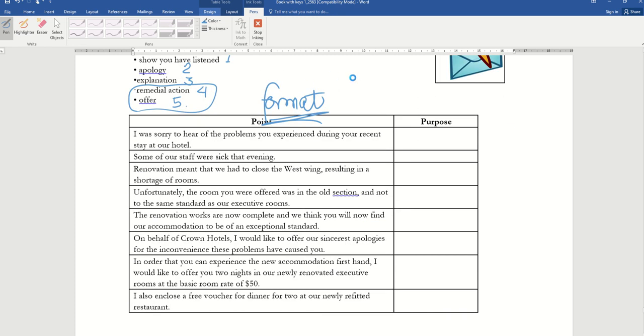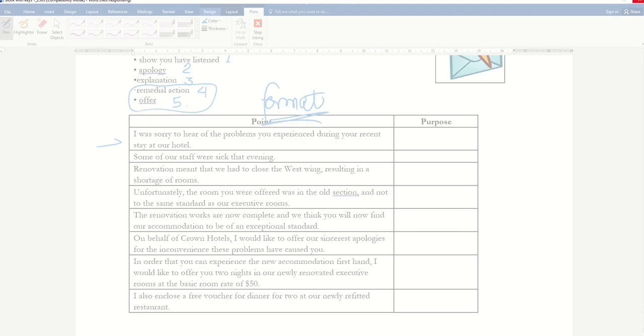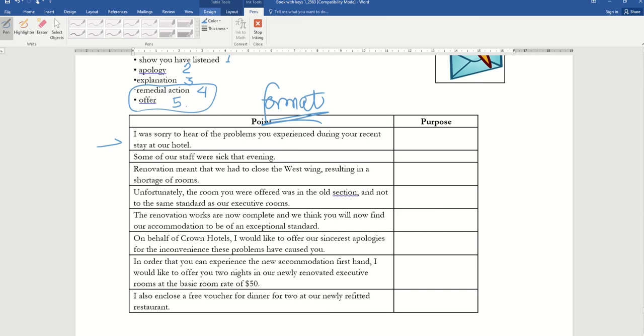Okay, so this part. Let me show you. Sorry, there's something wrong again with my computer. So for this part, okay, I'm safe.